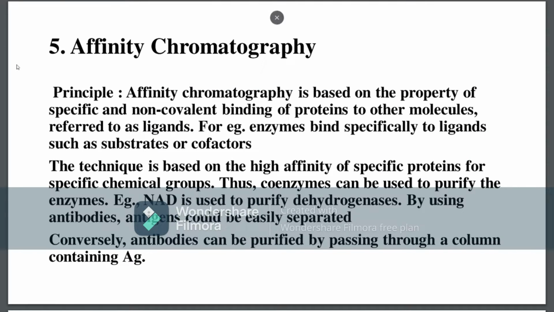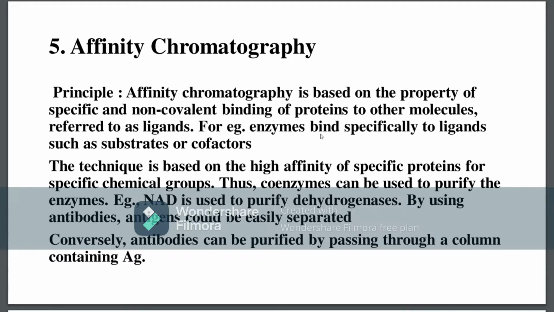Now the next mechanism is affinity, and based on this there is a chromatography known as affinity chromatography. Affinity chromatography is based on the property of specific and non-covalent binding of proteins to other molecules referred to as ligands.